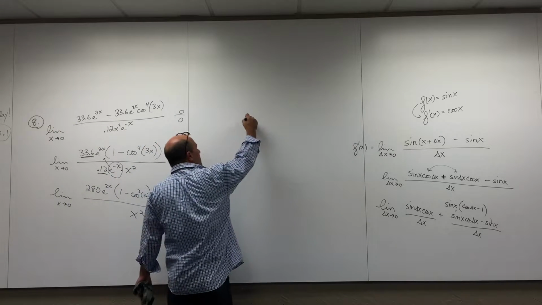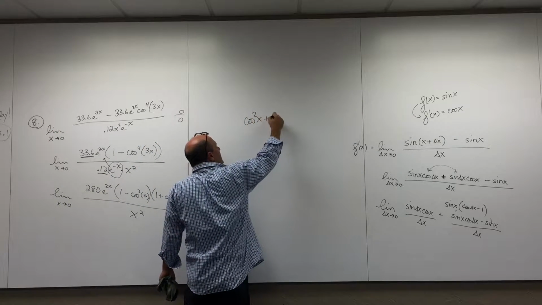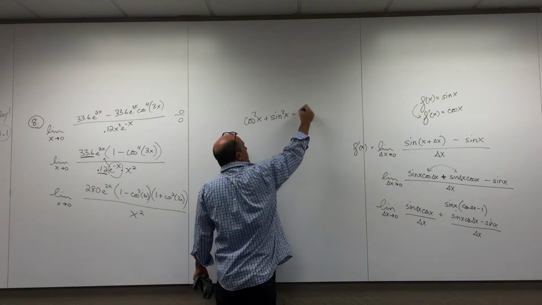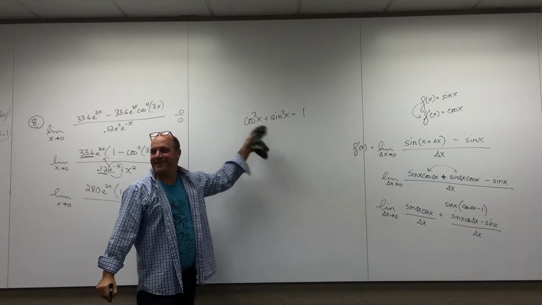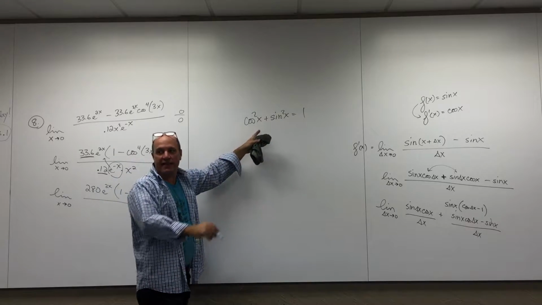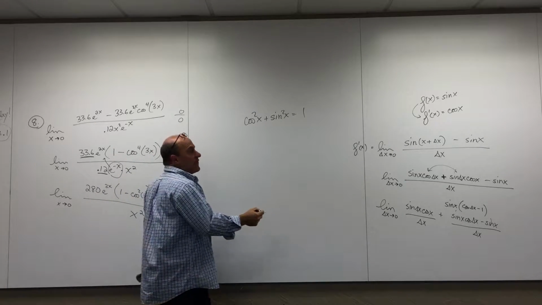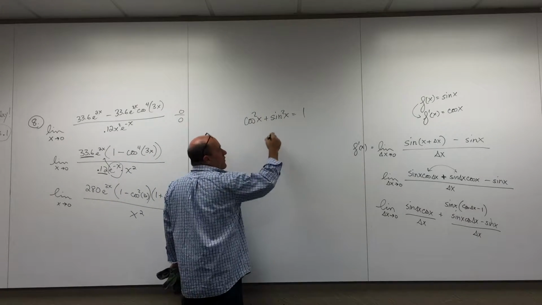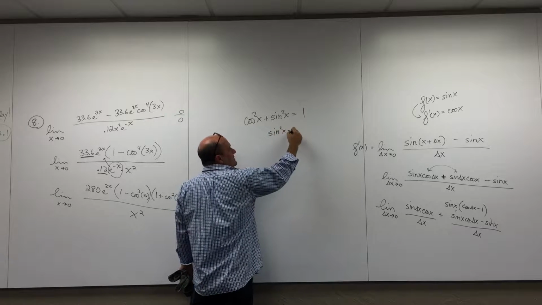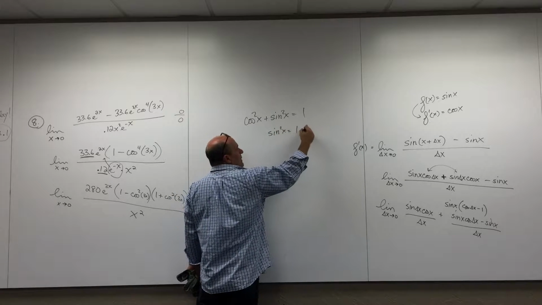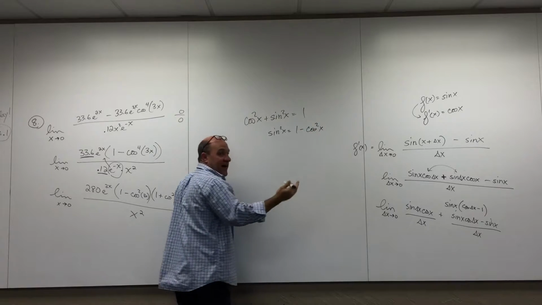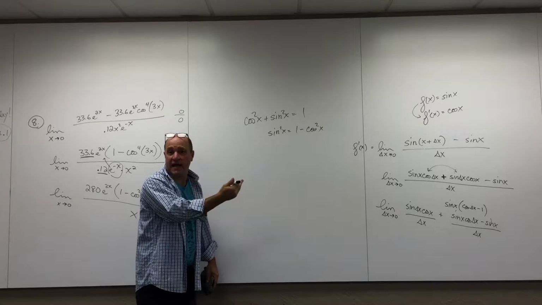You guys, listen, you know the most famous trig identity there is: cos squared plus sine squared equals 1, right? Did you know that? That's the most famous trig identity there is. And it comes in a couple other forms. If you move the cos squared over, sine squared is 1 minus cos squared, or vice versa, cos squared is 1 minus sine squared.